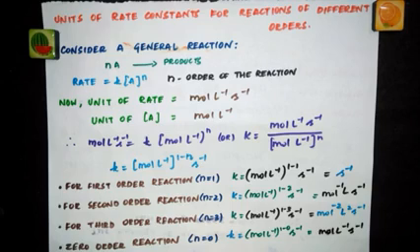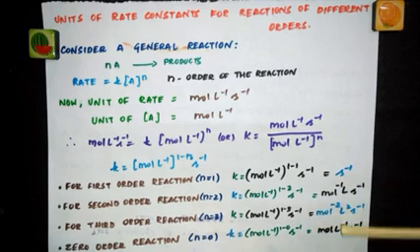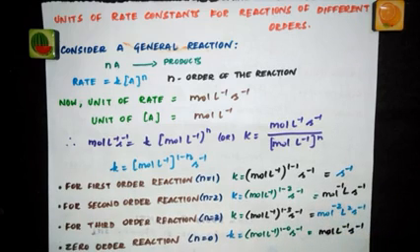This is one of the shortcut methods to find out the order. So if I say the rate constant of a reaction is 1 mole liter inverse second inverse, what is the order of the reaction? Now look here, which reaction has mole liter inverse second inverse as the unit for K? This one. So the given reaction is zero order reaction.